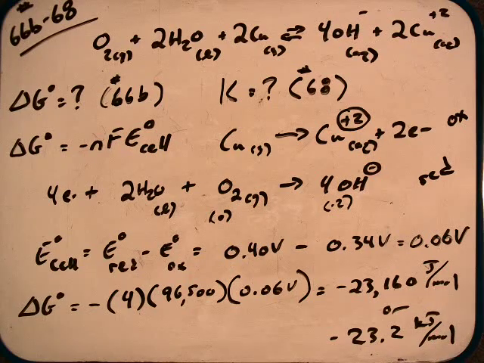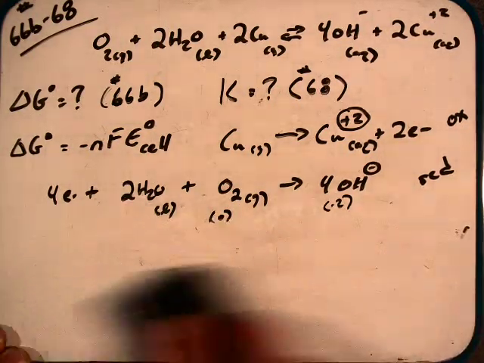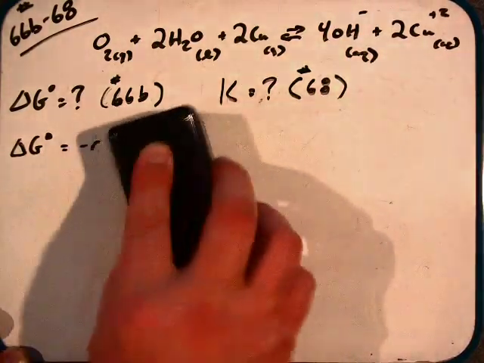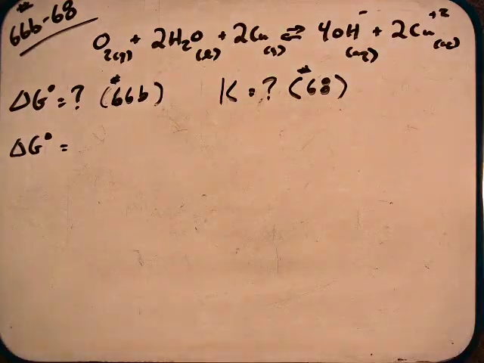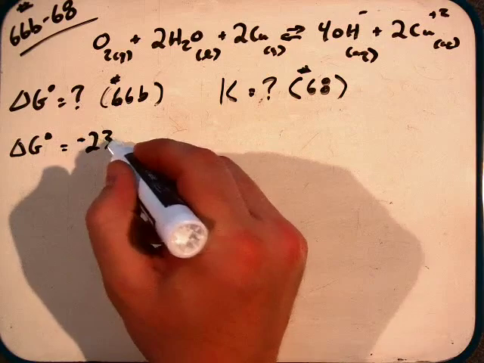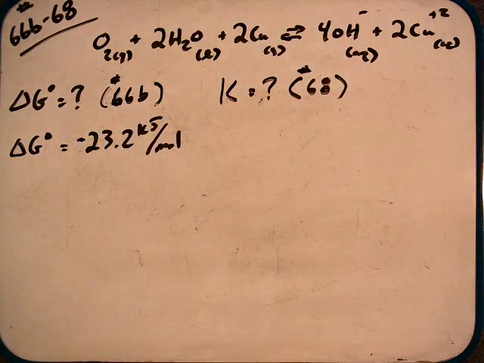So that's 66B, which is solving for our delta G of negative 23.2 kilojoules per mole.